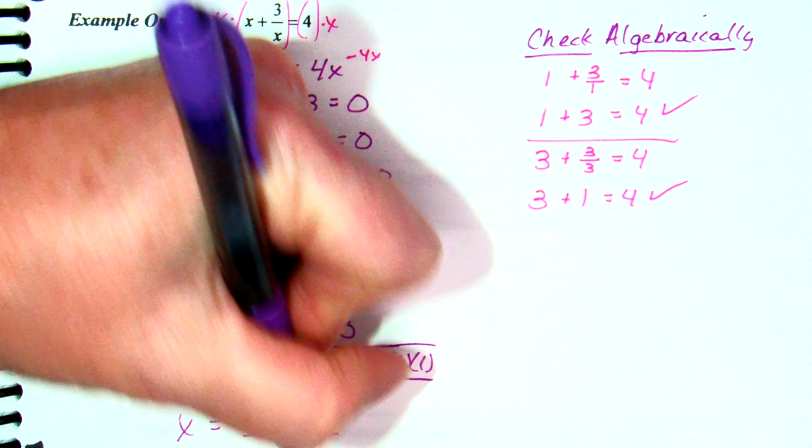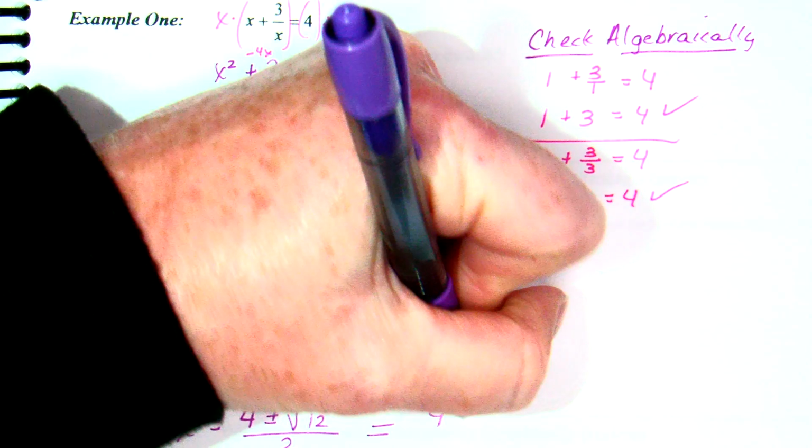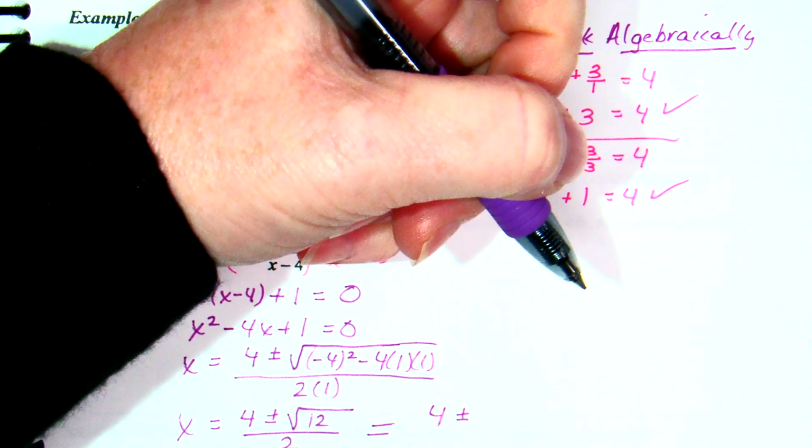What do we know about the square root of 12? Does 12 have a perfect square in it? Yes. So this could actually become 4 plus or minus, if you pull, 12 is 4 times 3.